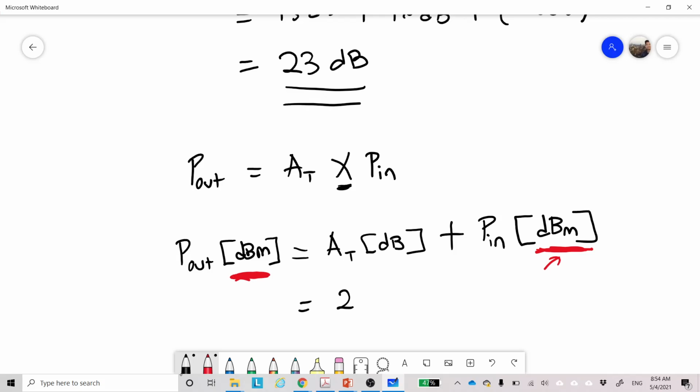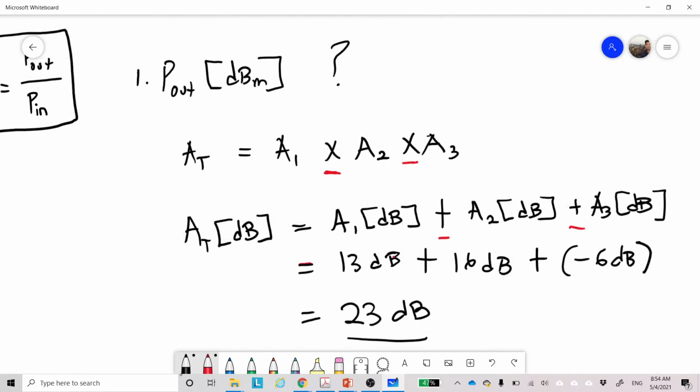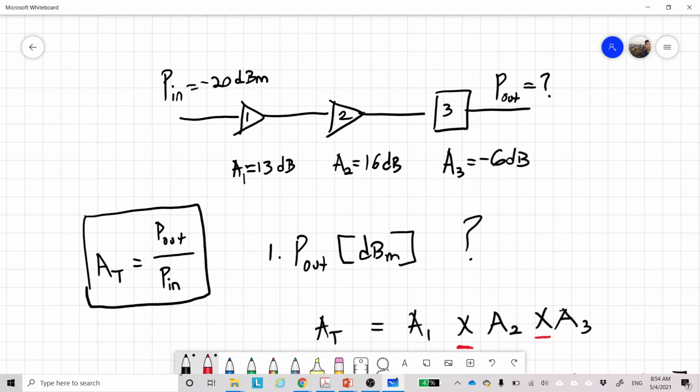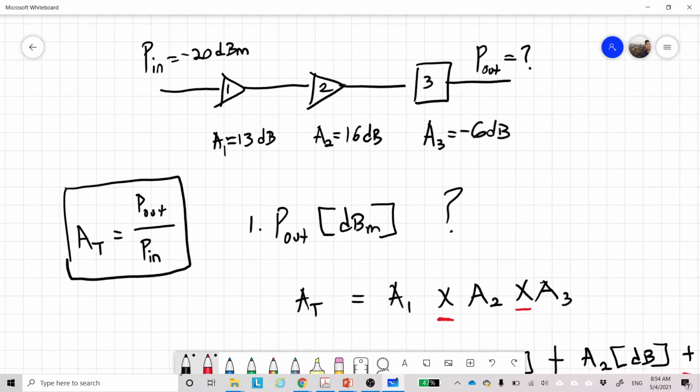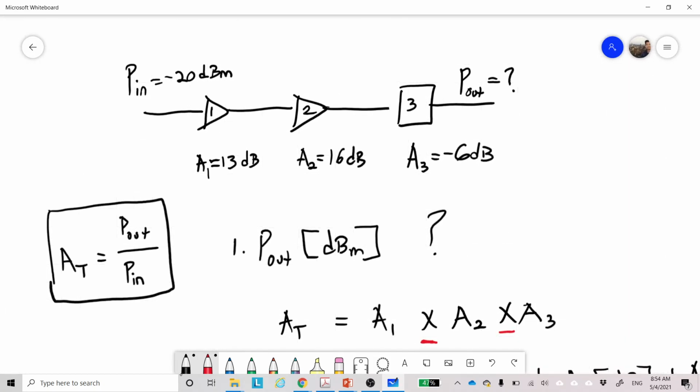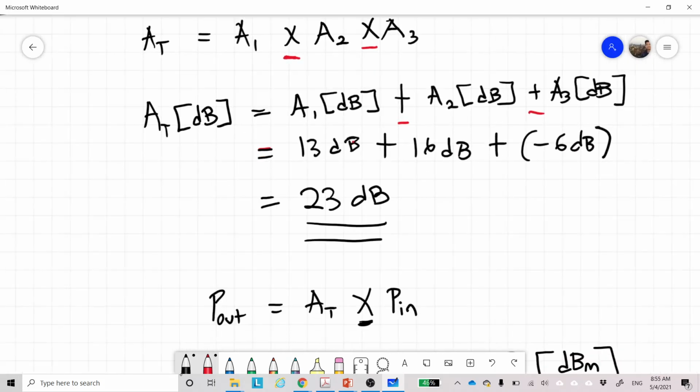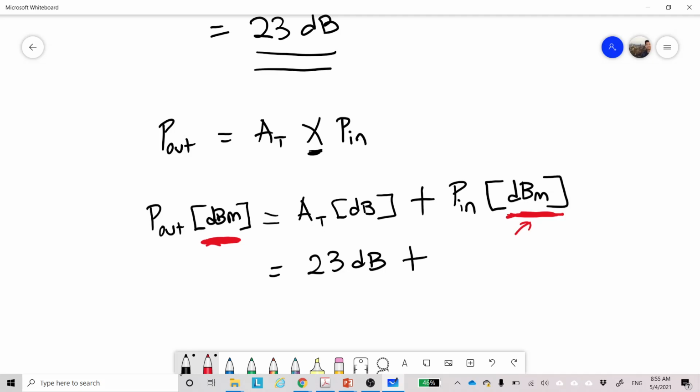So I will proceed with this one. So 23 dB plus, the input is given as minus 20 dBm. Okay, input diberikan sebagai minus 20 dBm.